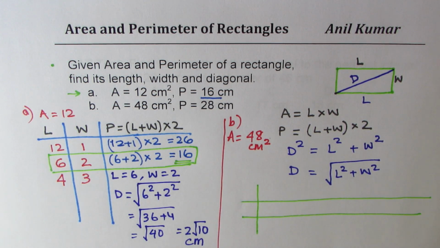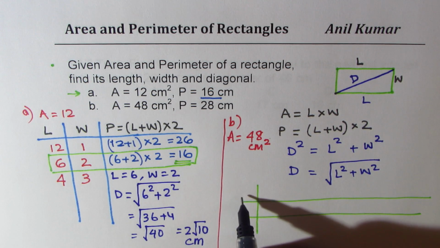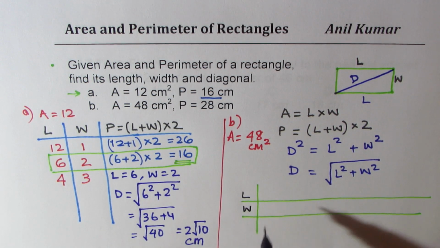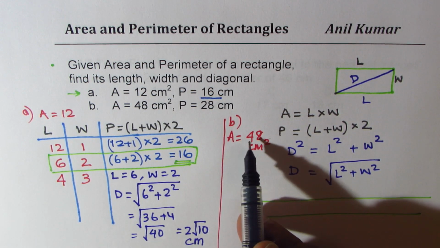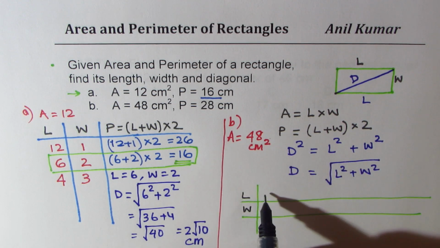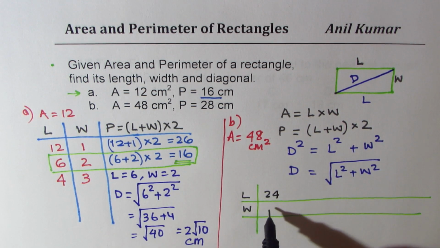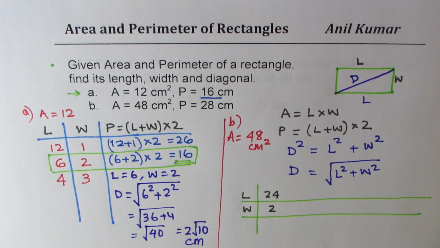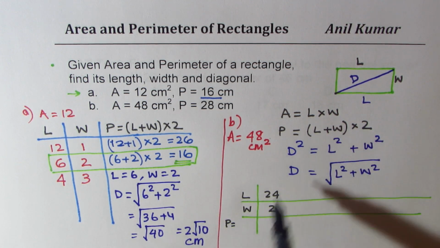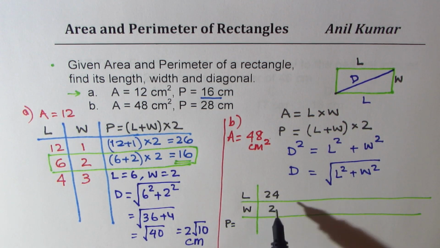Now, let us say we write length and width. So the length for us could be 24, right? So 24 times 2 is 48, right? So that gives us 48. Now for that, what is the perimeter? So perimeter is, we have to add them and multiply by 2, right?